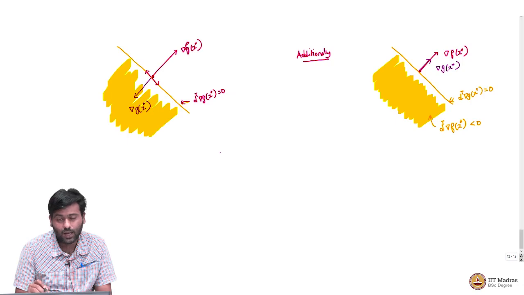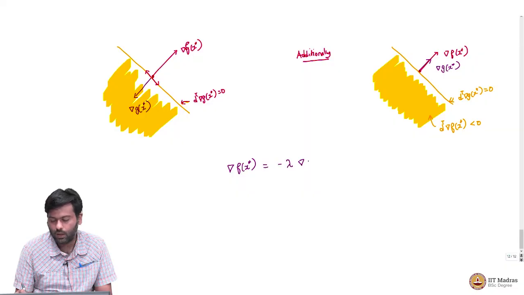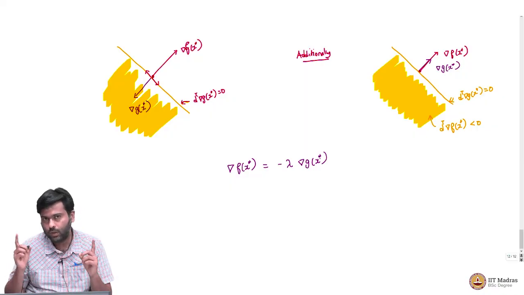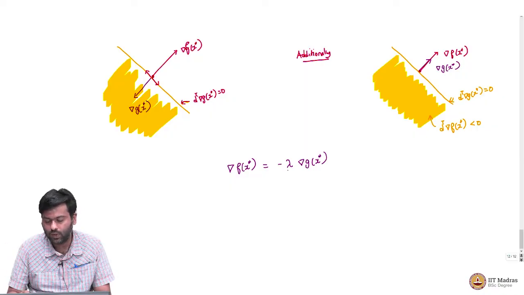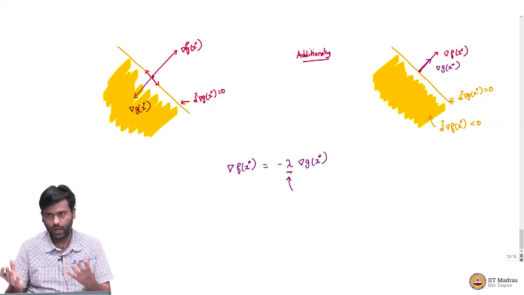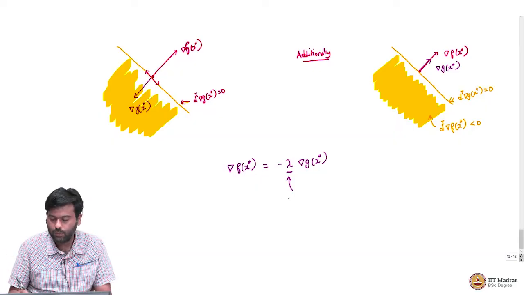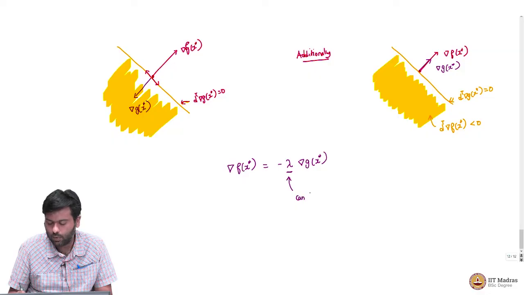We can formalize that in exactly the same way as we did before. We can say that del f of x star equals minus lambda del g of x star. This is what we had earlier, and because we only allowed anti-parallel in the previous case, we constrained lambda to be positive. Here, because we are allowing it to be either positive or negative, there is no constraint on the sign of lambda. Lambda can be any arbitrary scalar, right.